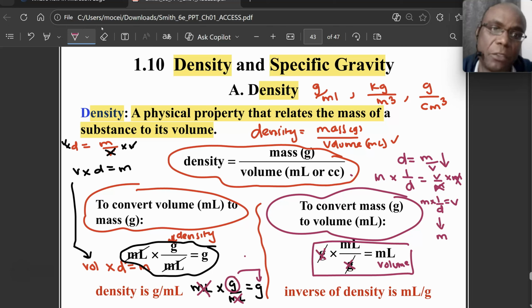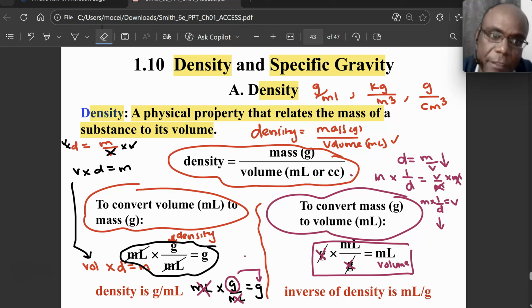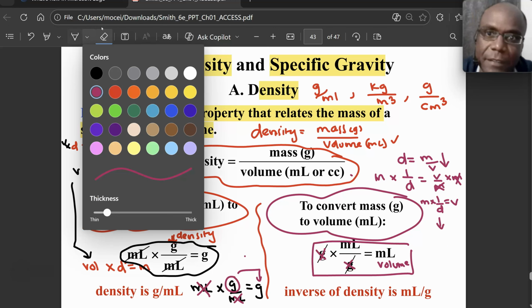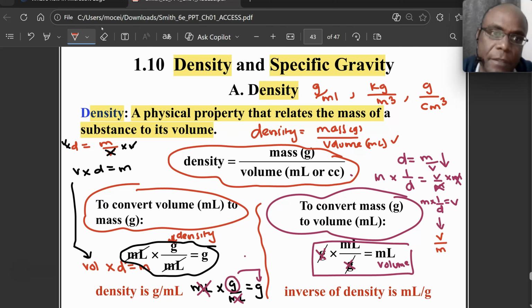Density is mass over volume, grams over ml. So the inverse will be, what is the inverse of mass over v? Can you tell me? Okay, you got it. The inverse will be v over m multiplied by m. Definitely that's going to give you the volume, which is what we have in here.